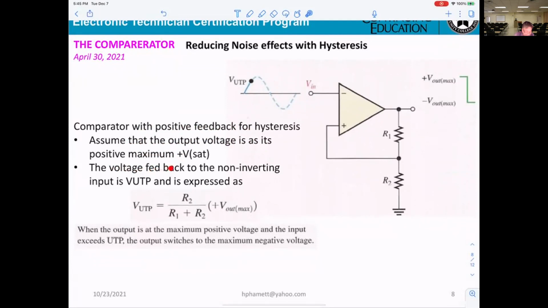The voltage fed back to the non-inverting input is V UTP, the upper trigger point, and is expressed as V UTP equals R2 divided by R1 plus R2, times V out max. Now see, when the output is at the maximum positive voltage and the input exceeds the upper trigger point, the output switches to the maximum negative voltage.